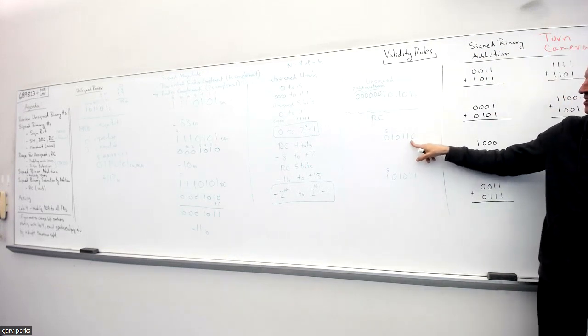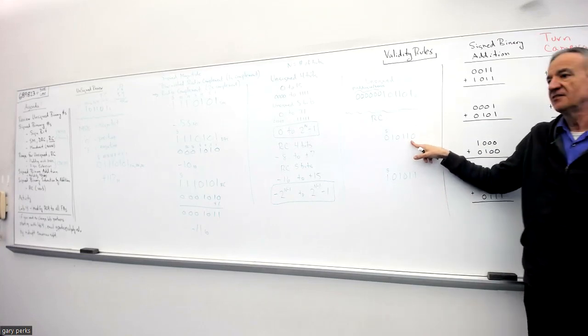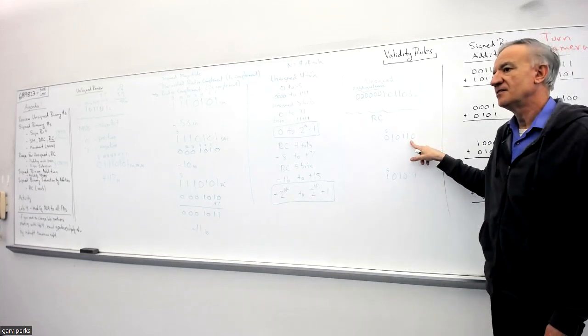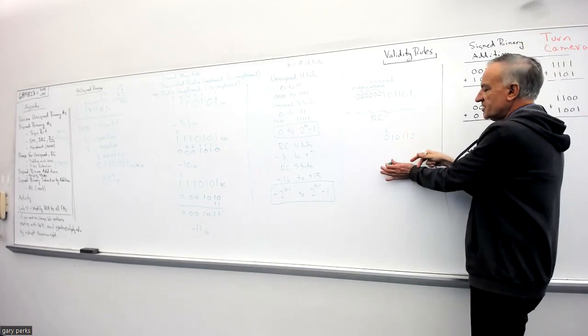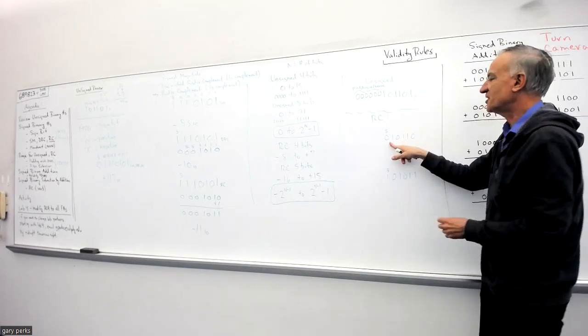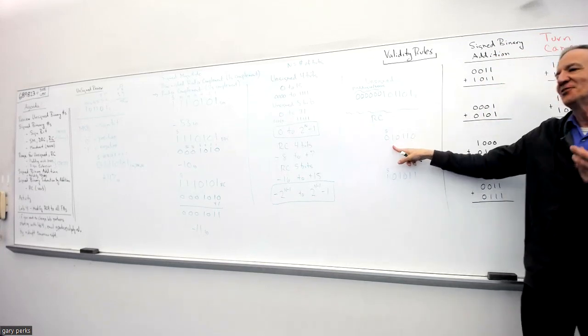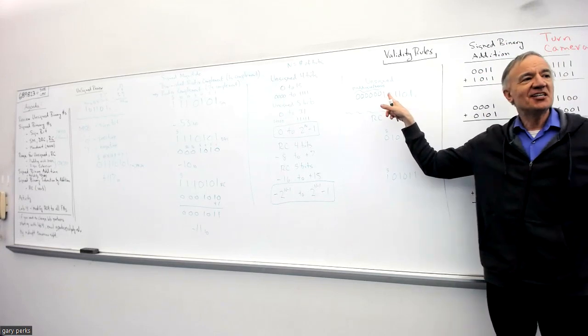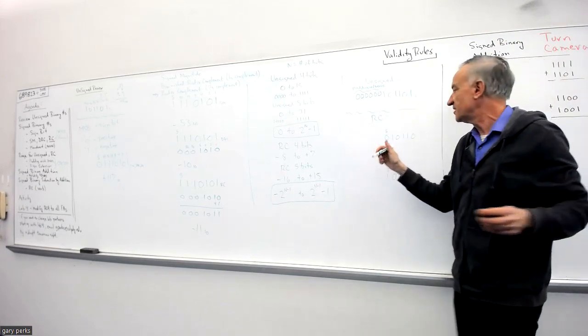You have to check to see if the most significant bit is a 1, and just looking at this one, it's not. But let's go with it. So you would do the same thing as you would with an unsigned binary number. You would just add 6 zeros to the front.